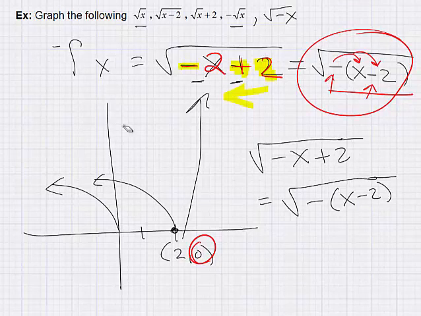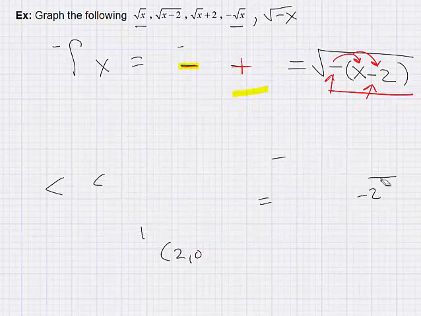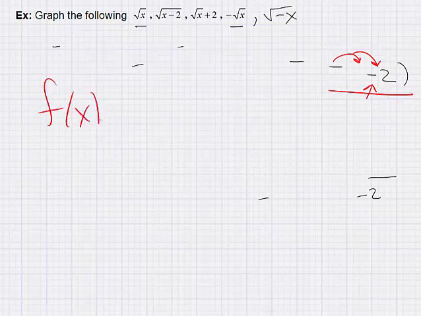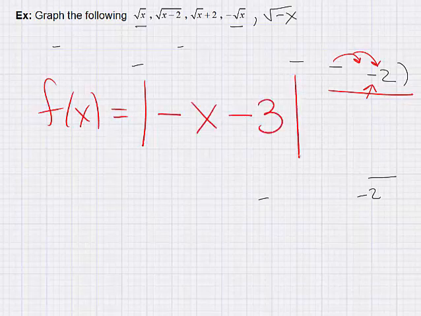Let me give you one more. So if I said, how about f of x equals the absolute value of negative x minus 3. Would I be moving this to the left or to the right? Well, I gotta look at it in the right way first. This is a negative multiplied inside the function, but that's only times the x.